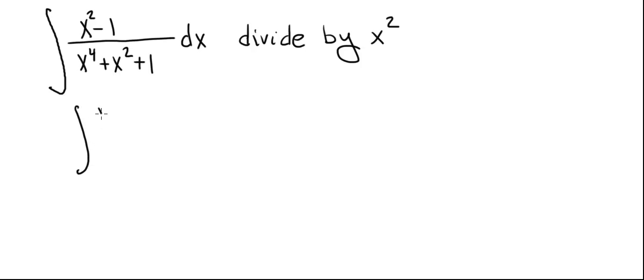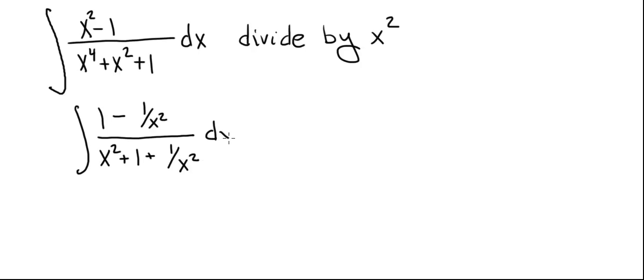X squared over x squared is 1, minus 1 over x squared, which we'll write exactly like that. In the denominator, we have x to the fourth over x squared. That's x squared. X squared over x squared is 1, plus 1 divided by x squared. And so let's try to evaluate this integral.